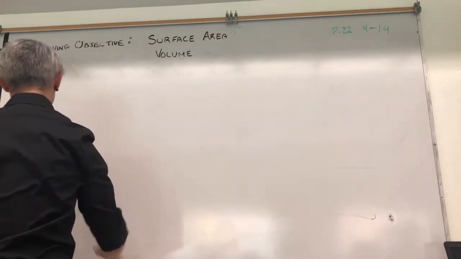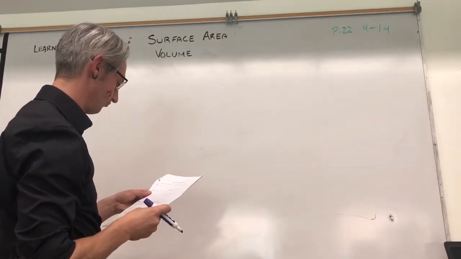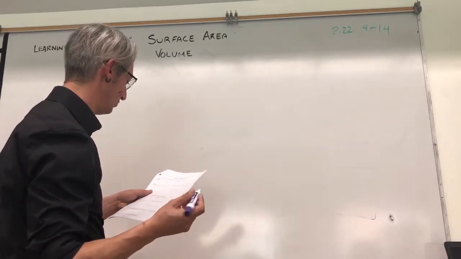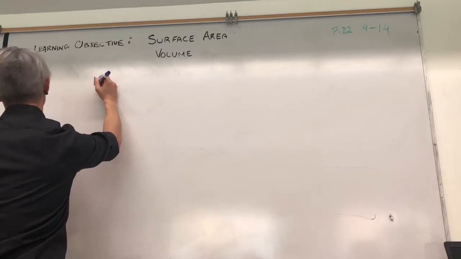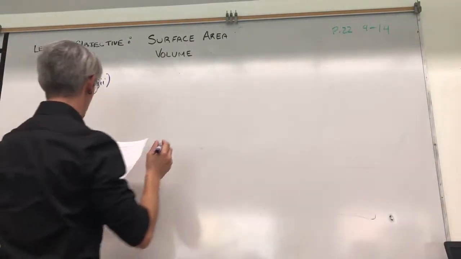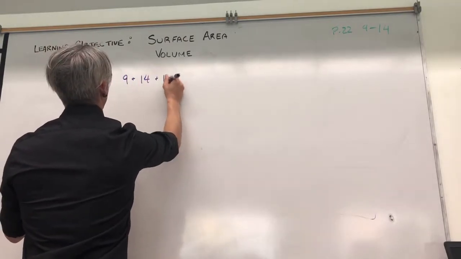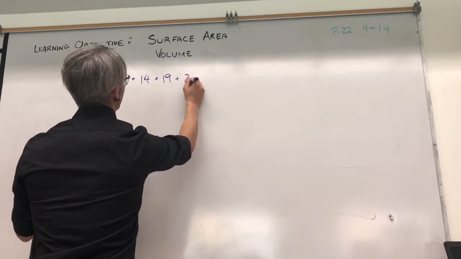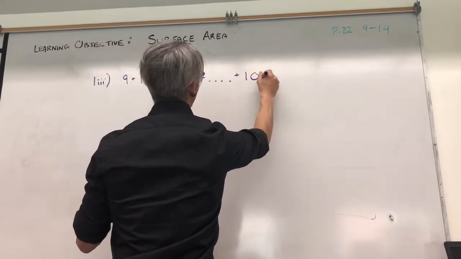Let's do 1, 3. 3i, doing 3i. So I've got 9 plus 14 plus 19 plus 24 plus all the way to plus 104.